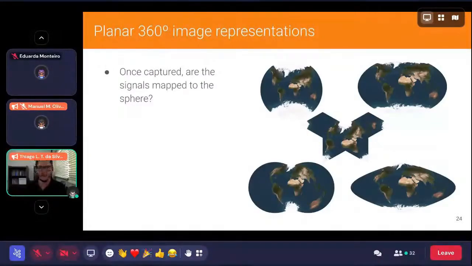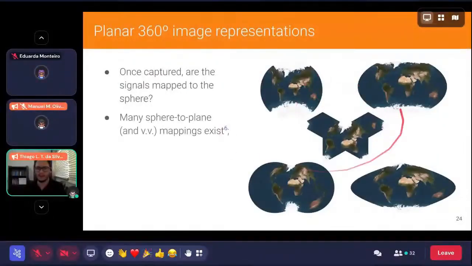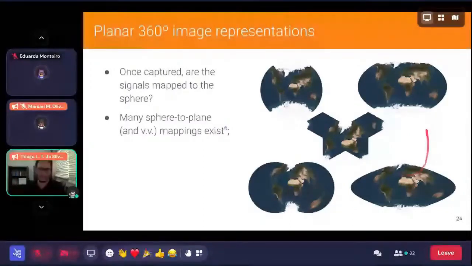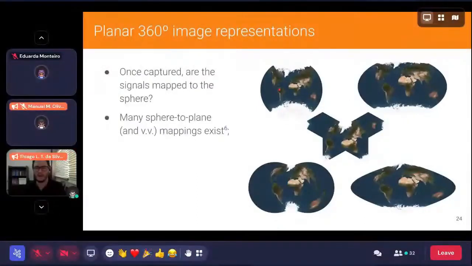Well, we are aware of different mappings, like sphere to plane mappings, and most of you might know some of these mappings. They are different here. We have some different kinds of mappings.